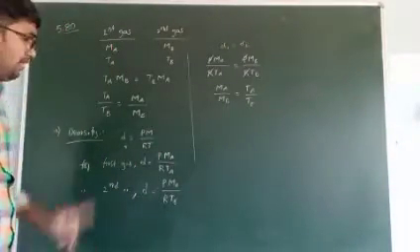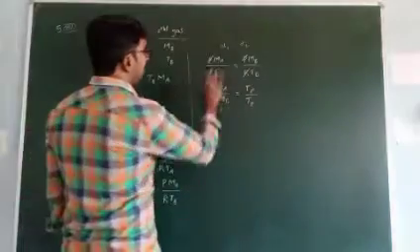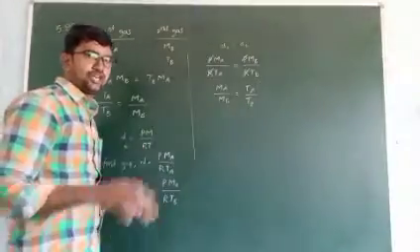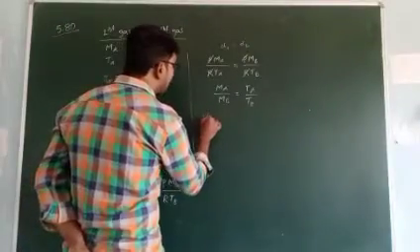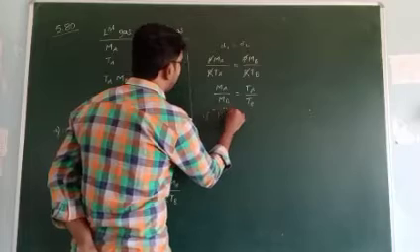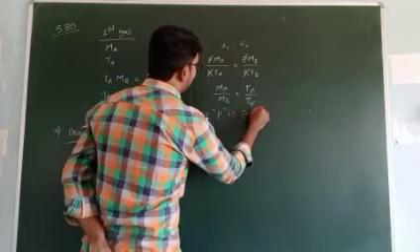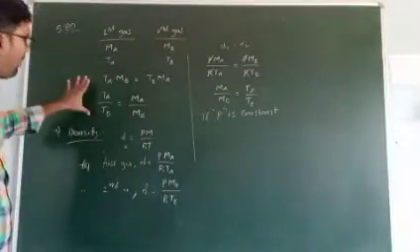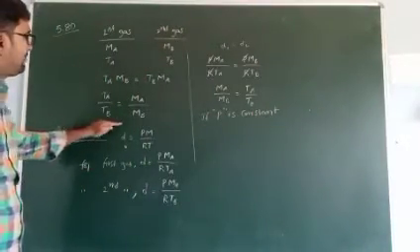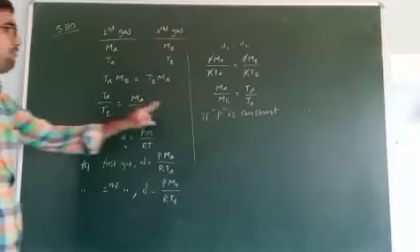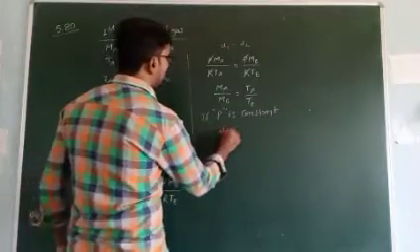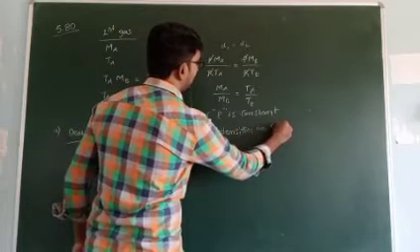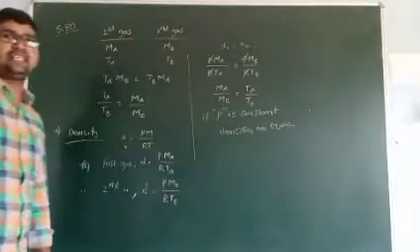So the densities are equal, according to the given relation. R is always constant. If pressure is constant, in this problem the given condition is Ta by Tb is equal to Ma by Mb. So if pressure is constant, densities are equal. Both have the same magnitude.